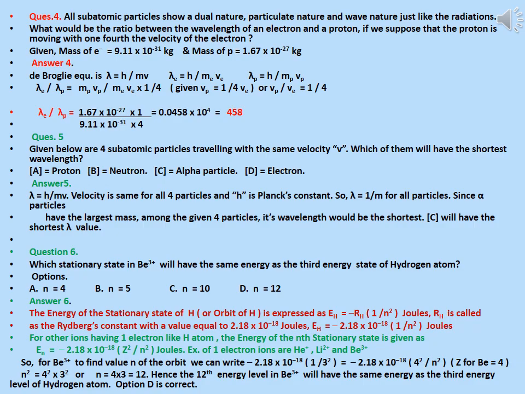Subatomic particles mean particles having very negligible mass, like an electron, a proton, an ion, an atom, a molecule, etc. Such subatomic, microscopic particles show particle-like and wave-like nature, just like light radiations.